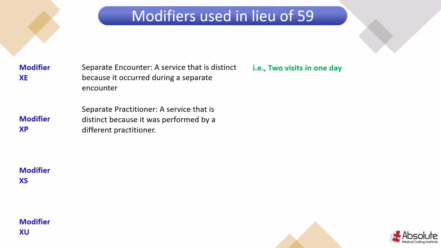Modifier XP means separate practitioner, a service that's distinct because it was performed by a different practitioner in that practice. So a patient saw two doctors in one visit. Let's say a patient saw the dermatologist, and then the dermatologist may have seen something and called in their associate, like, hey, can you take a look at this?